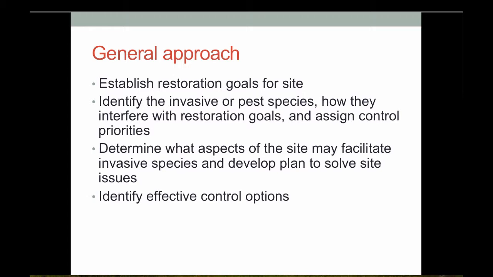Once we've done that and we've taken effective measures, developed a plan, we then need to identify effective control measures, right? And that may be physically removing invasive species like we did with autumn olive at the wilds on our field trip, or other kinds of control measures using glyphosate or other herbicides, or other types of management techniques, silvicultural techniques if we're in a forest system, that may help reduce non-native and invasive species.